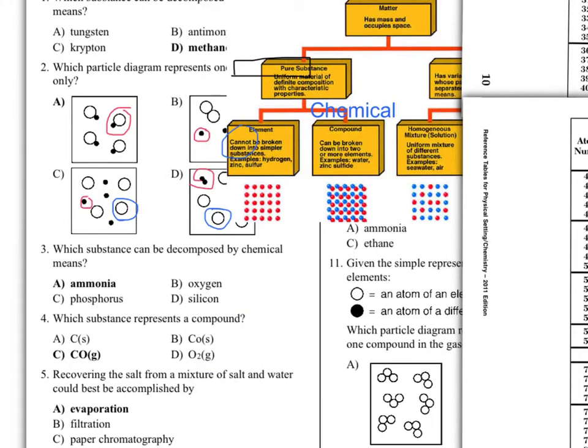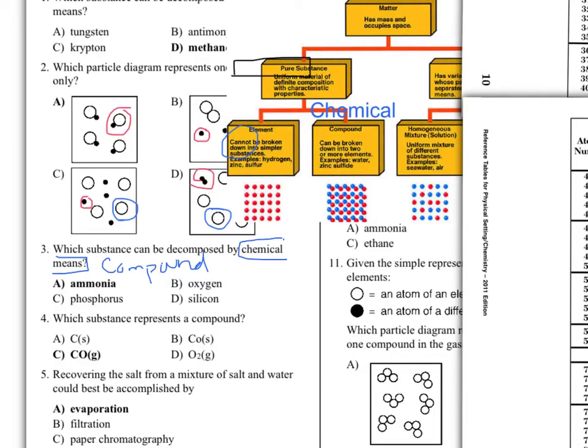Now in question 3, we're looking for a substance that can again be decomposed by a chemical means, which from question number 1 we now know means that we're looking for a compound. And substances that cannot be decomposed by chemical means would be elements.